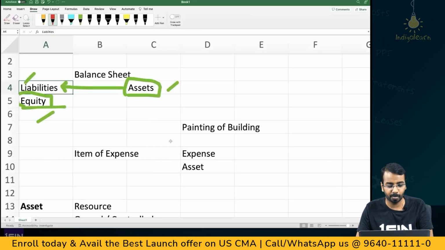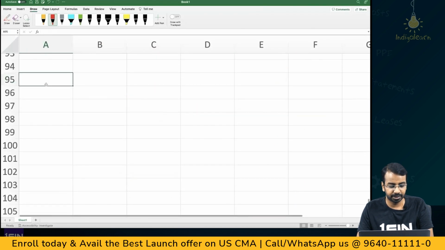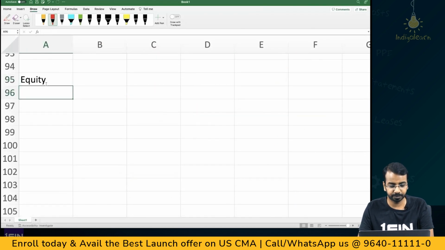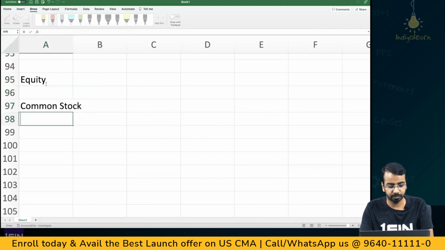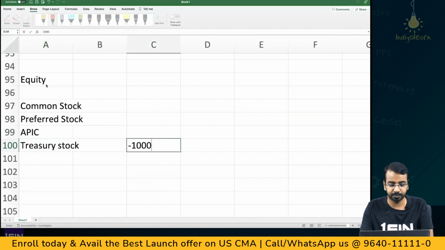So what happens is, let us say you have equity, you have common stock, you have preferred stock, you have APIC, then you have treasury stock. This treasury stock will be a negative number. Why?